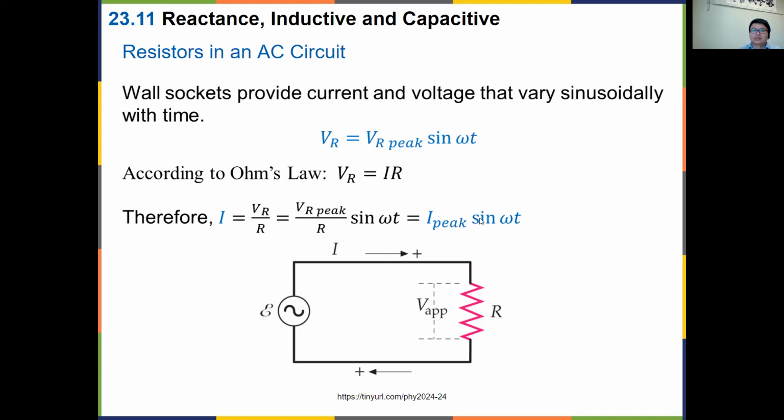So you can see, this is the current: a peak value times sine of omega t. This is the voltage across the resistor: a peak voltage times sine of omega t. So they have the same sine of omega t. This means when you supply a sine voltage to the resistor, the resulting current is also a sine function.